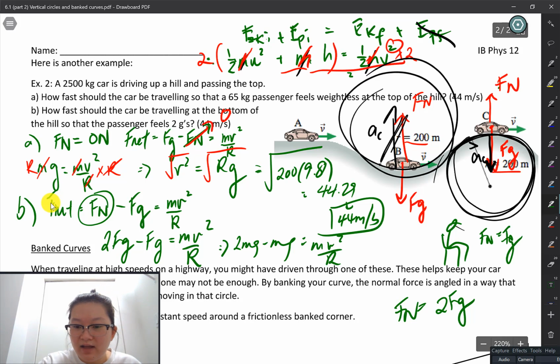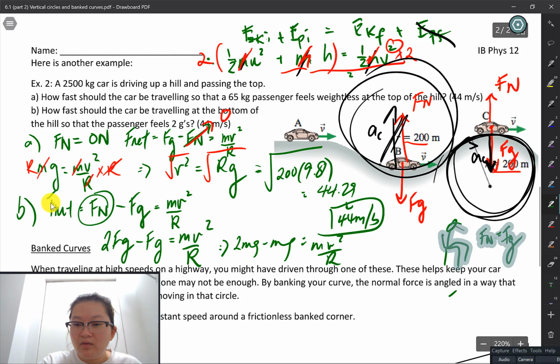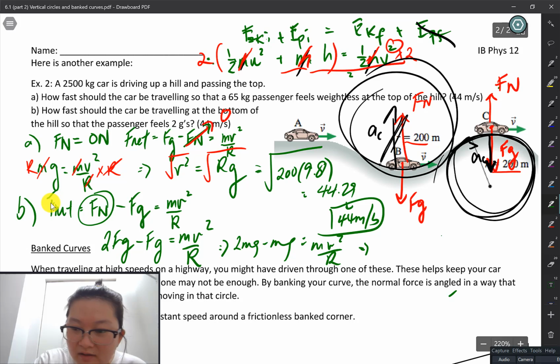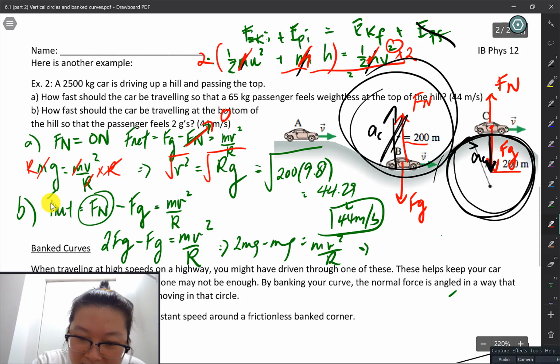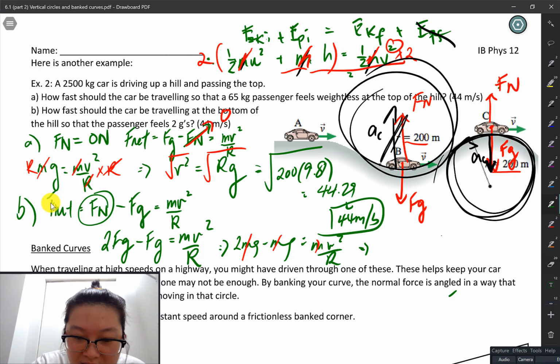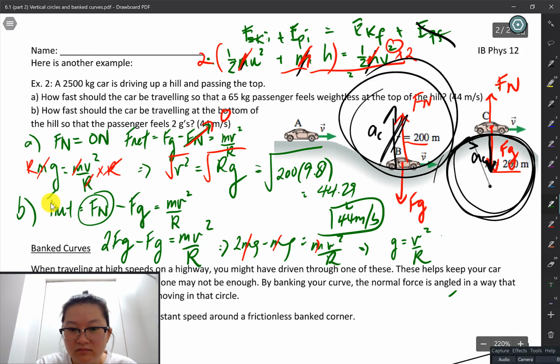The m's do cancel out, so I'm going to erase this for now. So we're going to simplify this. First of all, we know the m's cancel out, so this kind of goes away. We are then left with 2g minus 1g, which gives me 1g, is equal to v squared over r.